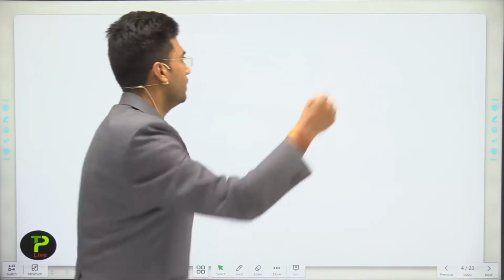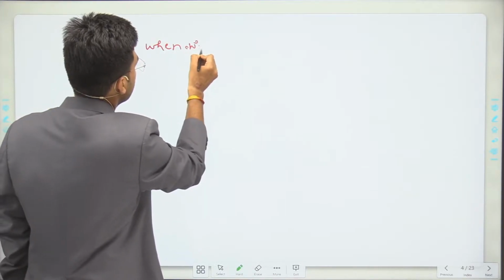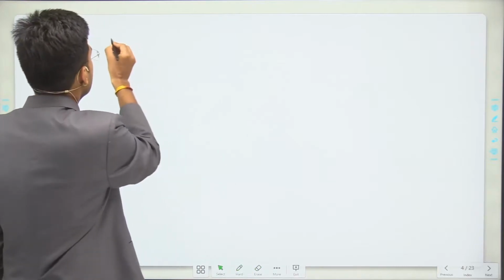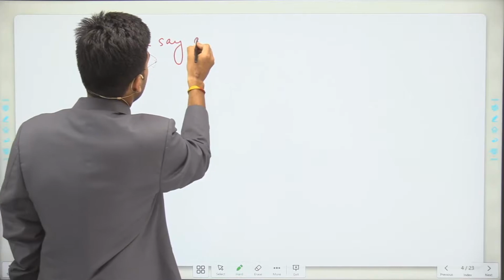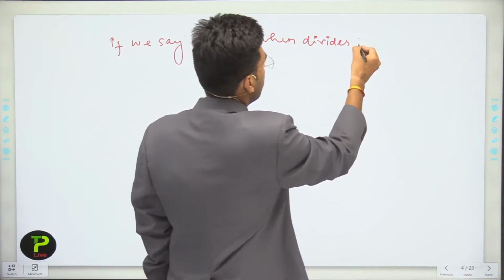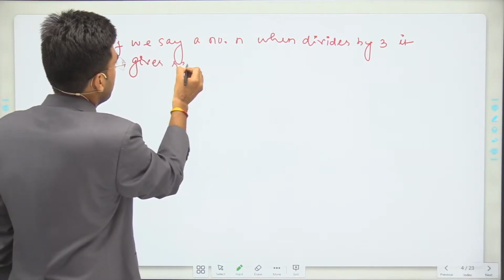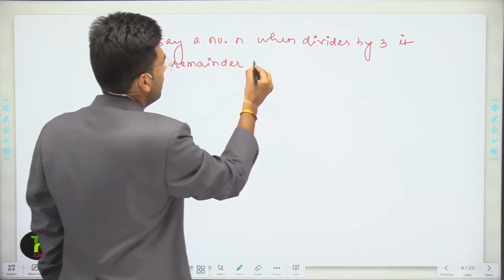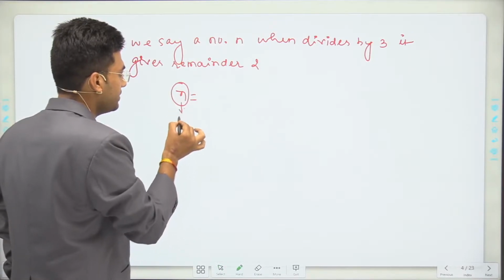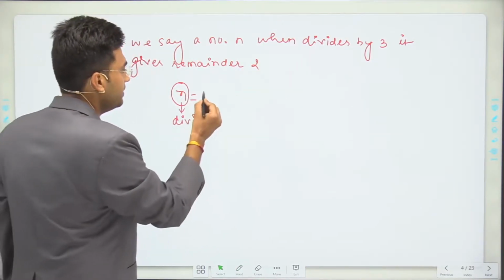If we say a number n when divided by 3 gives remainder 2, then we can write n as, n is what? n is our number and we can write it as the dividend, and n is equal to, when we divide it by 3, so the divisor is 3.